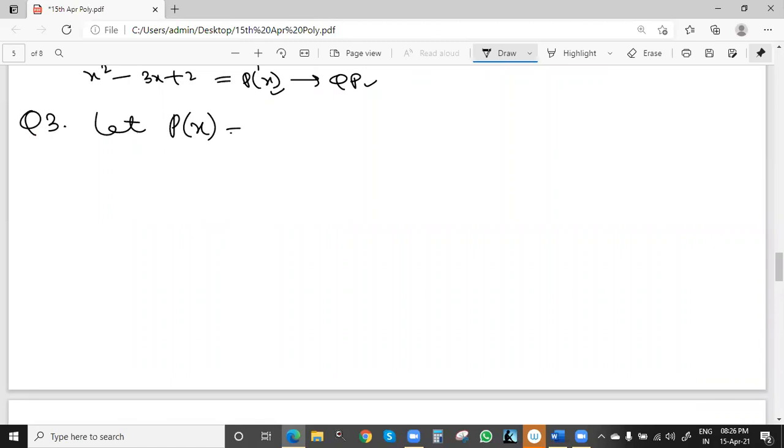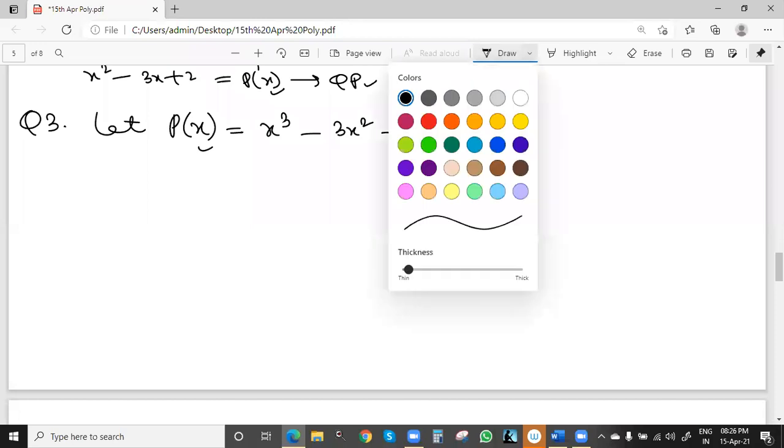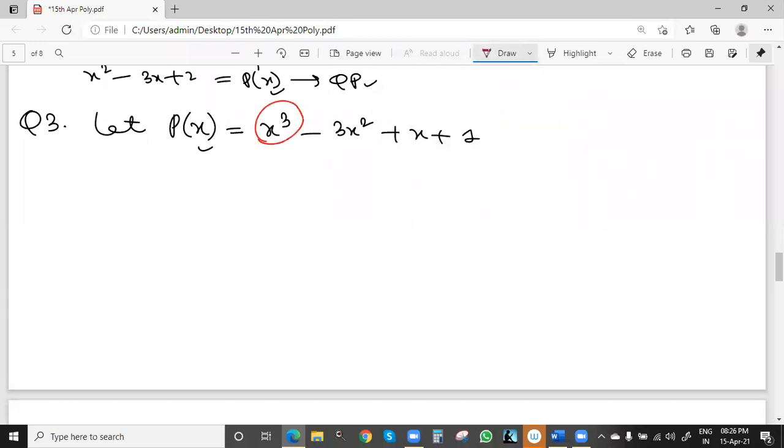A cubic polynomial is given in this question also. That's why I'm writing let px. They have given this cubic polynomial: x cube minus 3x square plus x plus 1. We can assume this as px, a polynomial in terms of x, having degree 3 because the maximum power of x is 3.